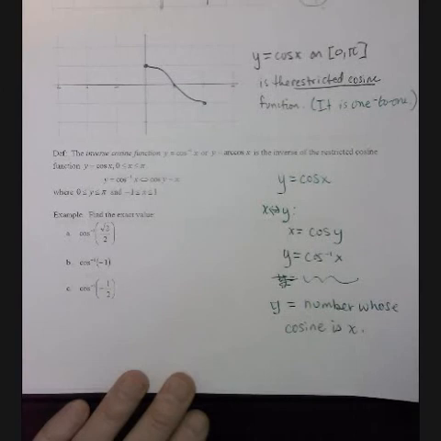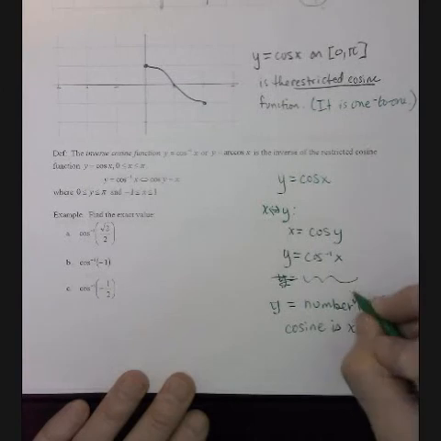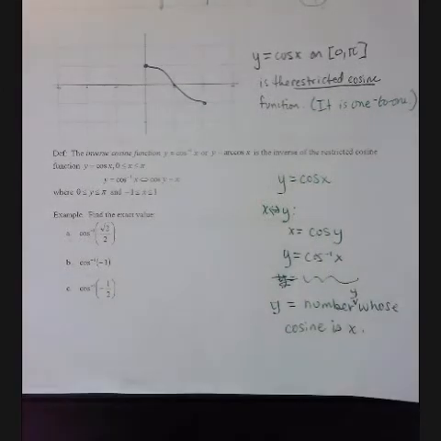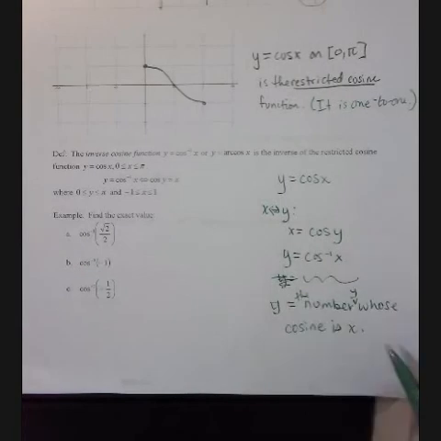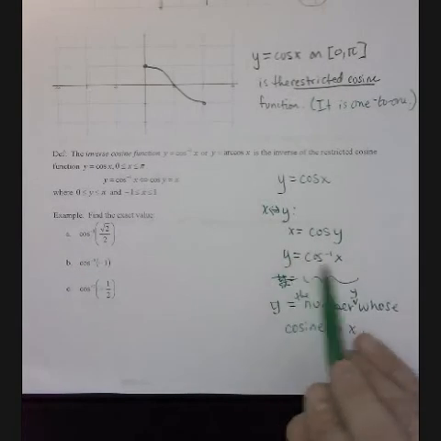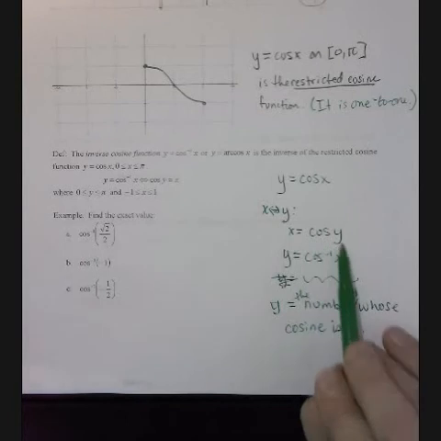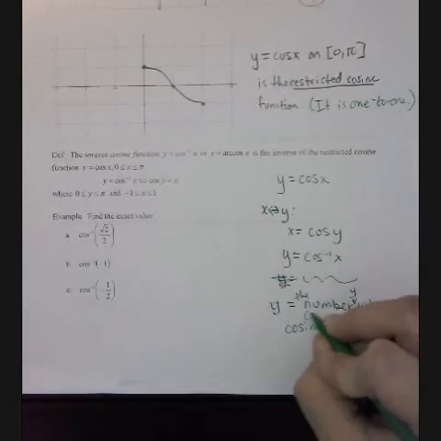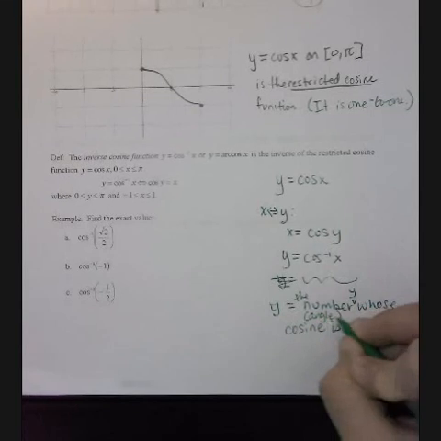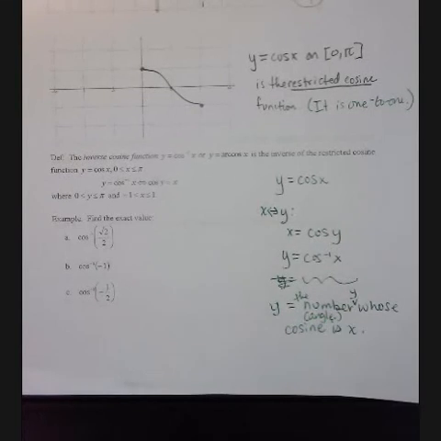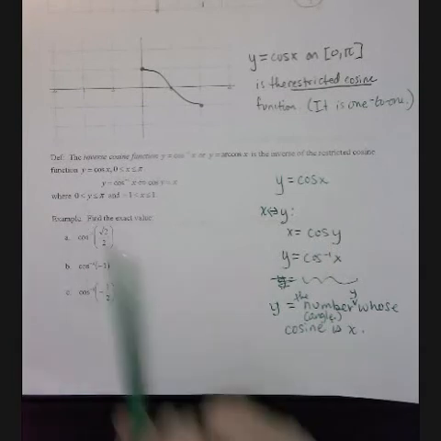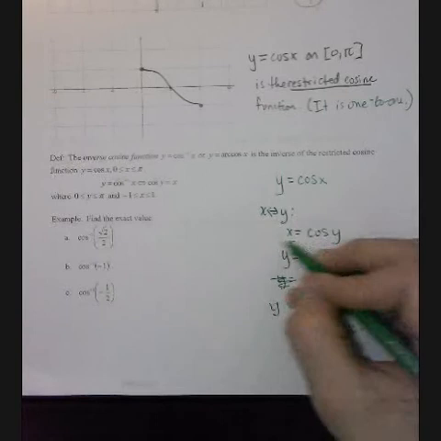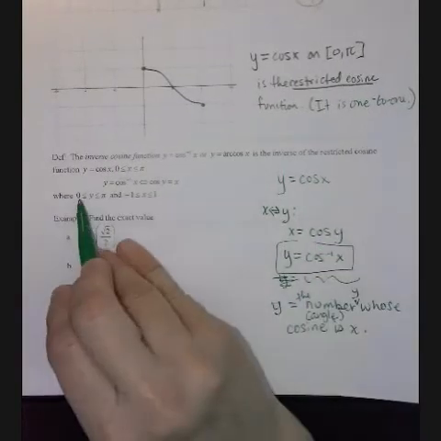So y is the number whose cosine is x. Again, that number, you might want to think of it as an angle, if that helps you, just to call it an angle instead of a number. So notice that y, the output now, has to come from 0 to pi.